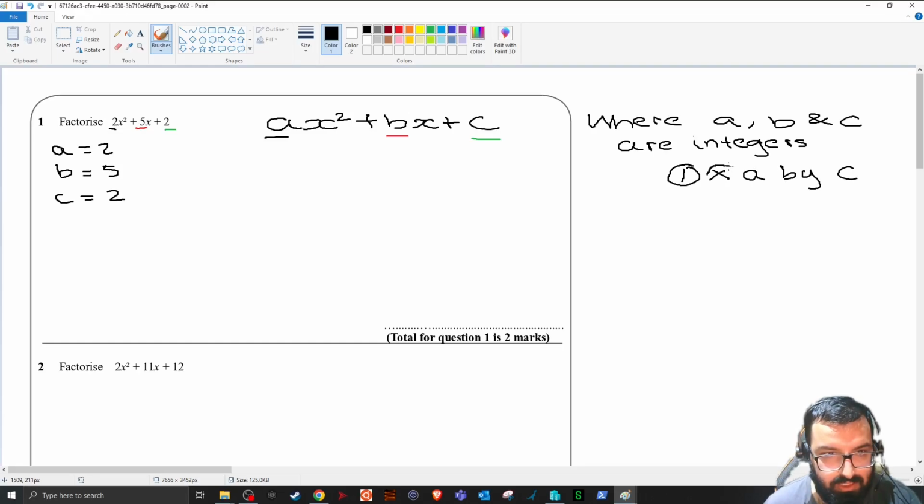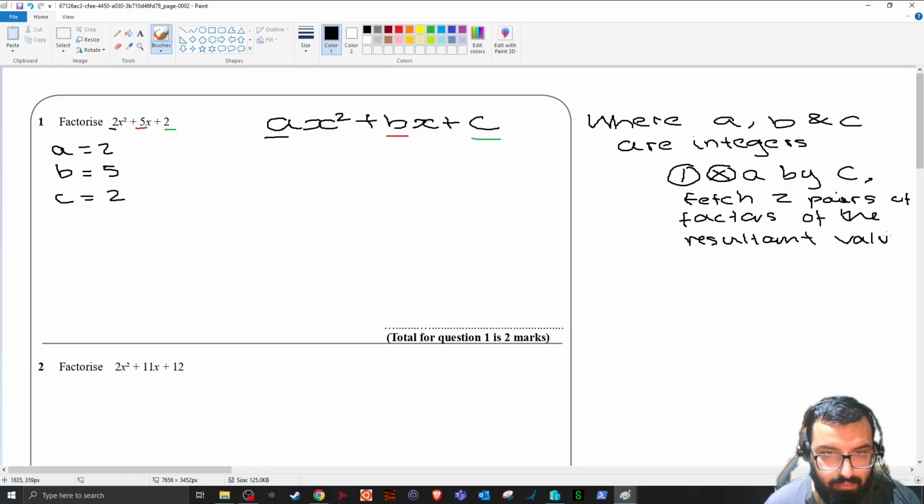I'm just going to circle this so that you understand that we have to multiply a by c, then find two factors of the resultant value of a and c to add to get b.